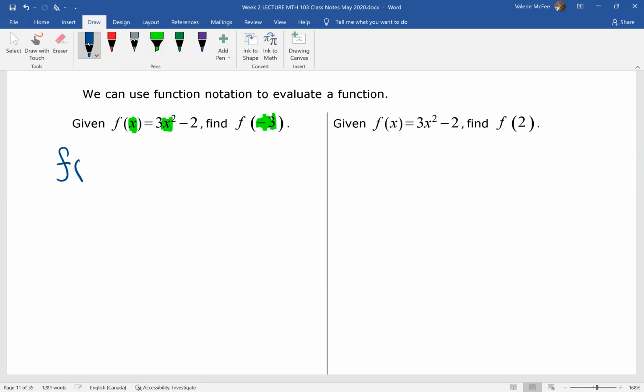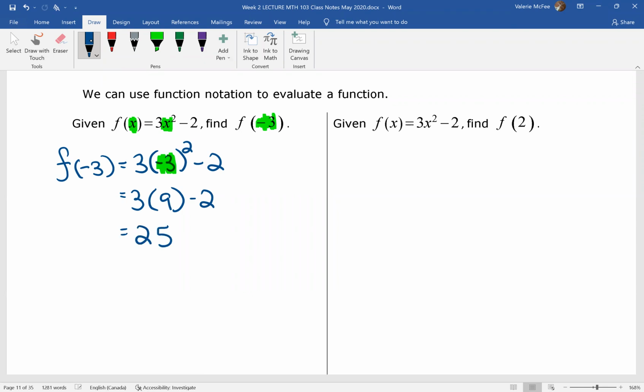So the f of -3 can be written as 3 into -3 squared minus 2. We took x and changed it to -3. Again, we have 3 times 9 minus 2, which equals 25.